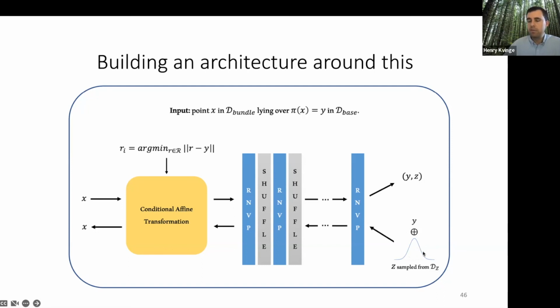You can sample from some distribution that captures the variance of all the different process parameters that yield that strength, and put this back through the network. And what you'll get is as many sampled examples as you want that have that property, at least according to what the network has actually learned.